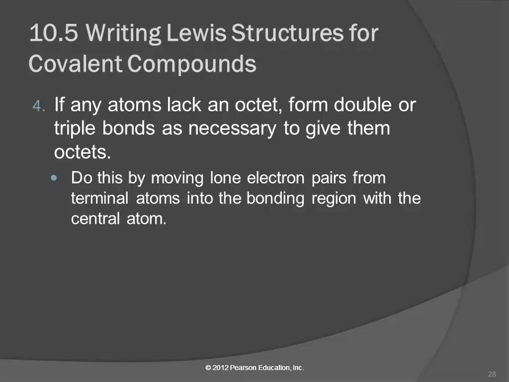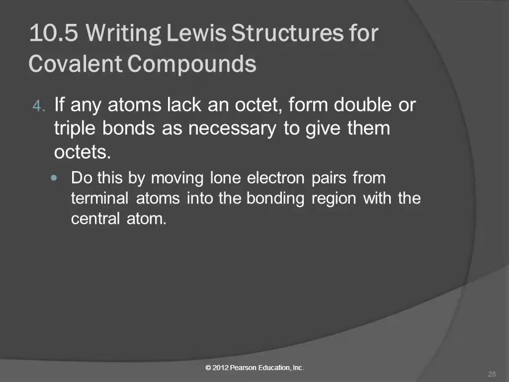Sometimes, though, you start spreading those electrons around and you realize you don't have enough to make everybody happy. When that happens, you need to make multiple bonds, either double or triple bonds. And so you move some of those lone pairs that you put, and you move them into bonds. And we'll do some examples.